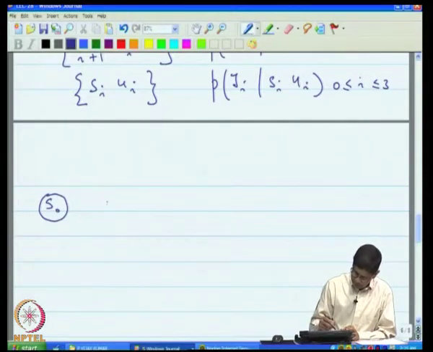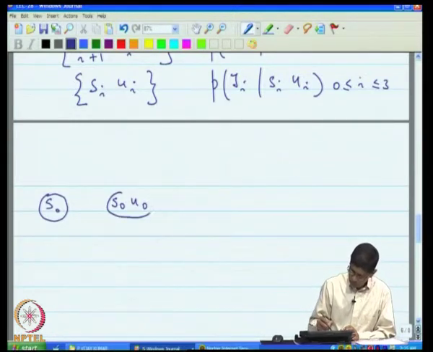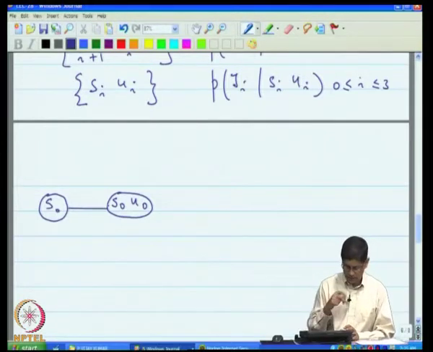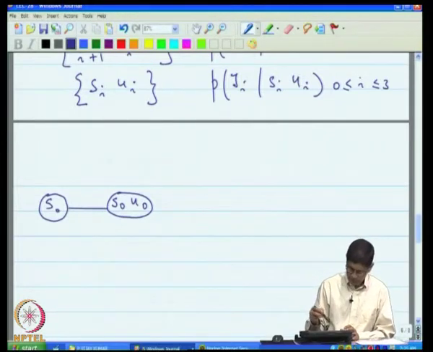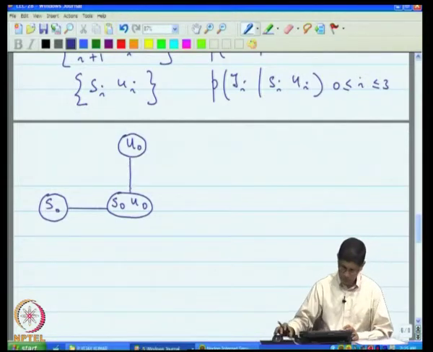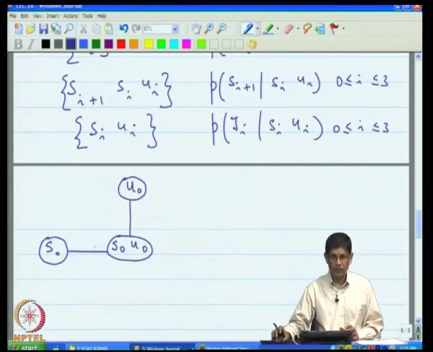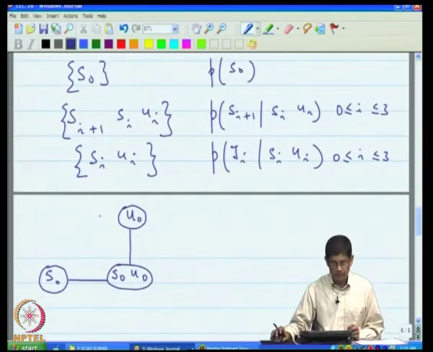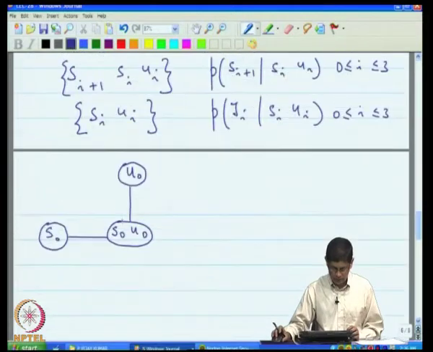So, you pick that. That has intersection 1, edge weight 1, and then you see that you can tag on U0 here. I am going to do this rather quickly because we have quite a bit of ground to cover, and you have already seen how to construct a junction tree earlier.